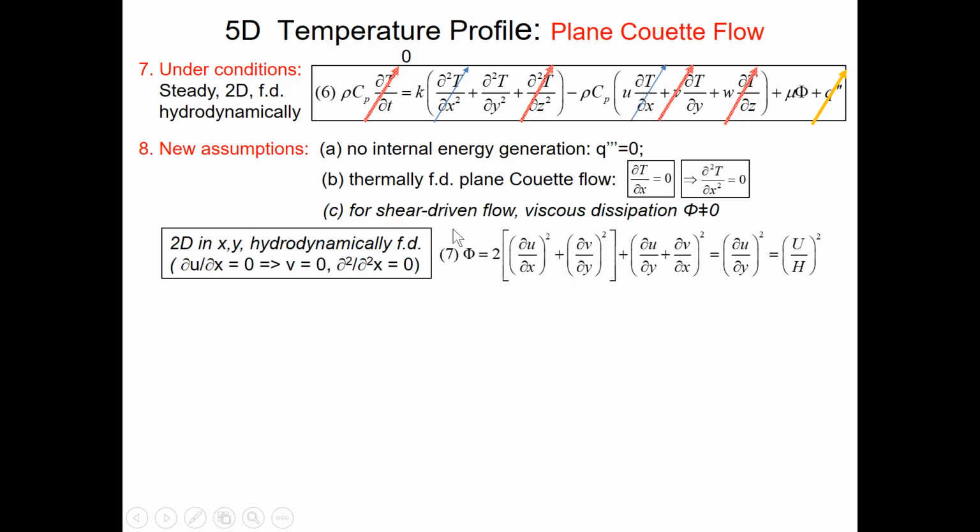C. For shear-driven flow, of course, the viscous dissipation would not be 0. This is just like the tire of a car running on the road. It generates a lot of heat.